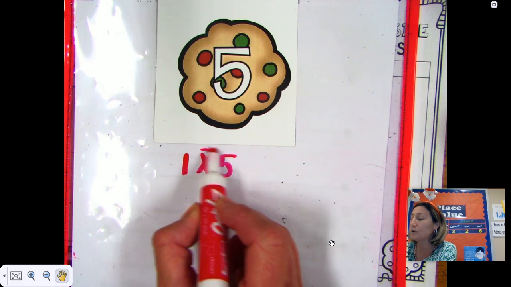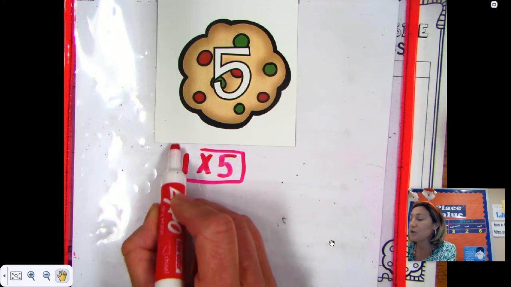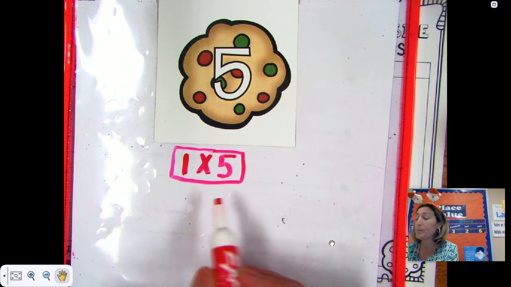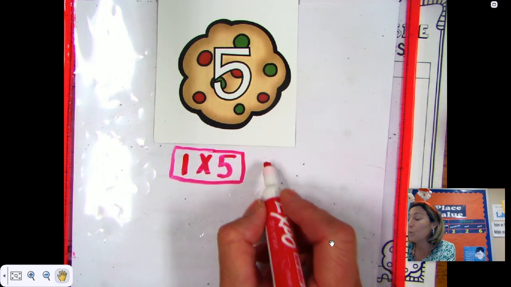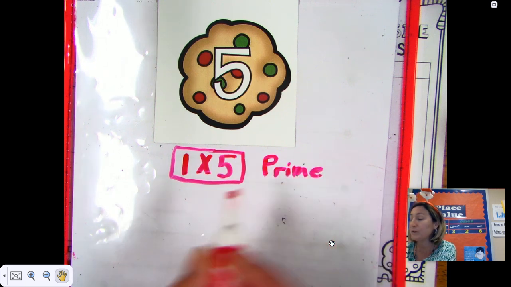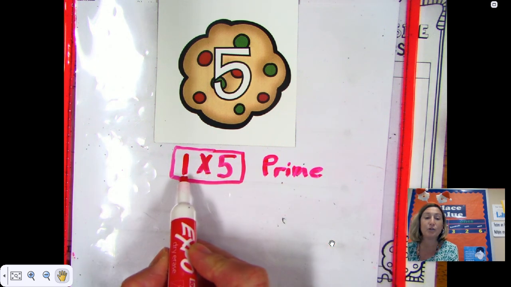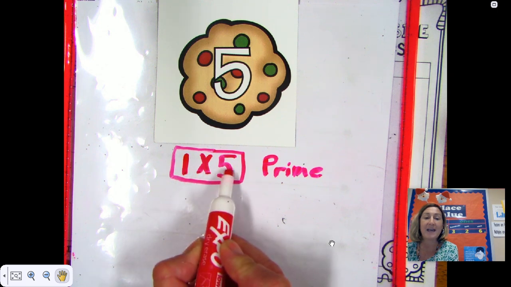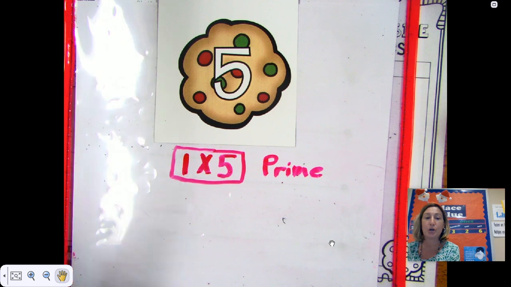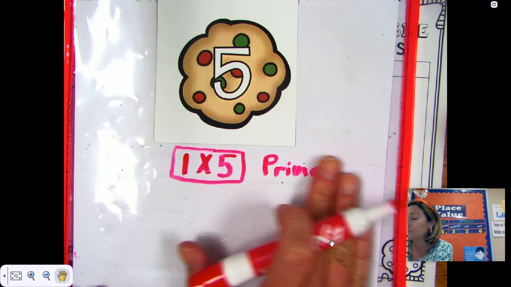So the only way that you can make 5 is 1 times 5. That's it. So 5 would be a prime number, because the only way you can make 5 is multiplying it by 1 and itself. So you would scoot 5 over into your prime column.